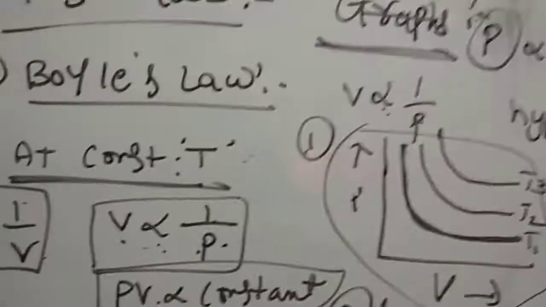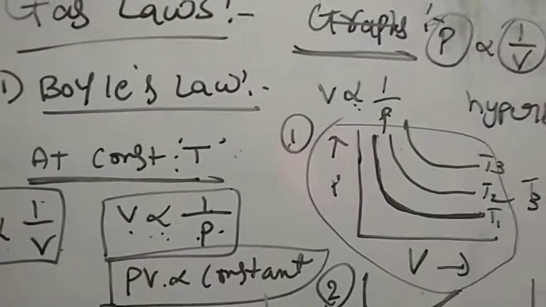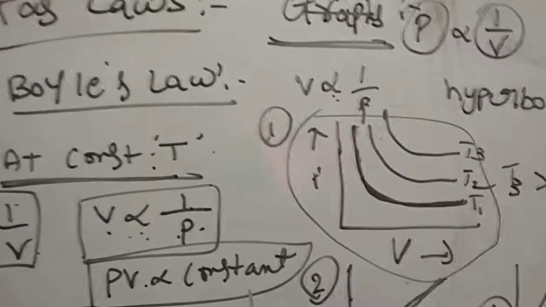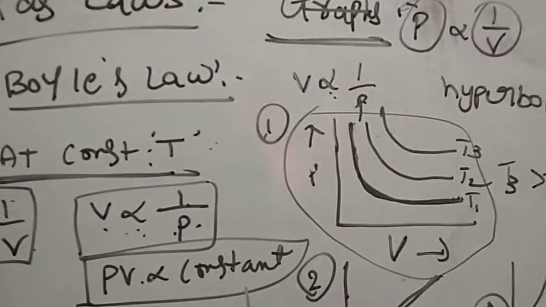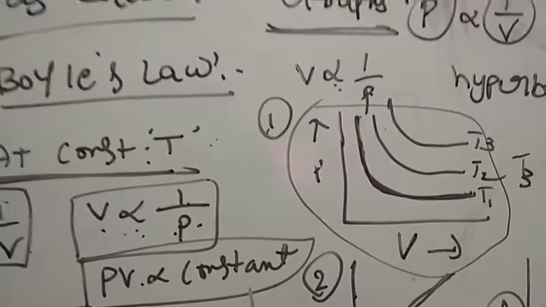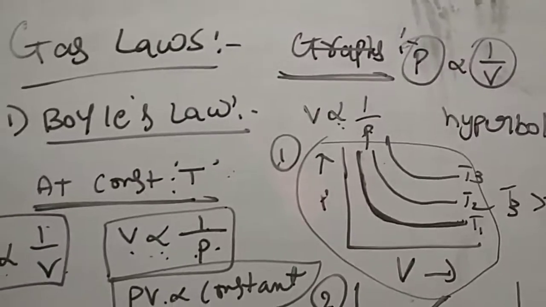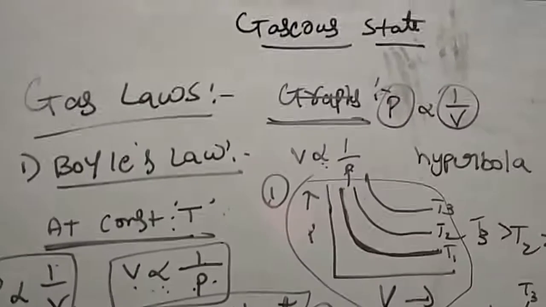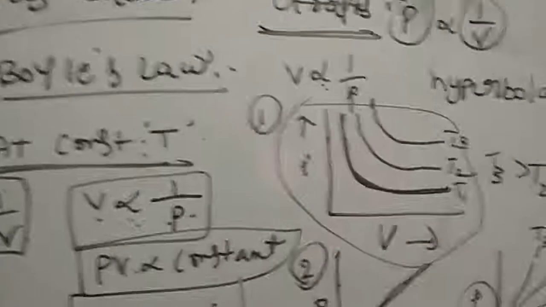Write down this one. And one more graph is also there. Actually I want to explain that, so I'll draw from here. That is nothing but PV equal to constant.